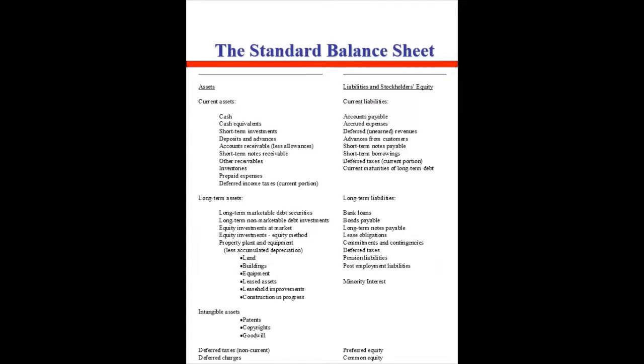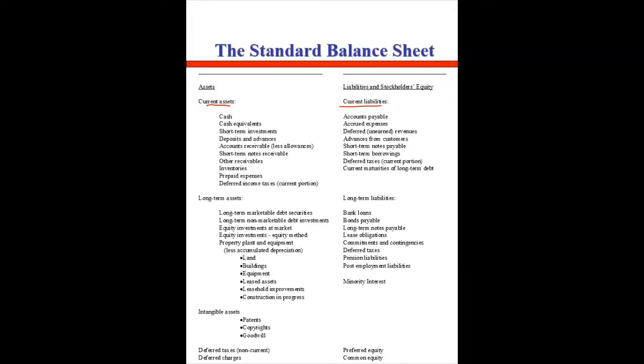One category is current asset and another category is long-term asset. And in case of liabilities, we see that the liabilities are categorized into current liabilities and the long-term liabilities. You see the assets start with current asset, but the liabilities start with current liabilities.